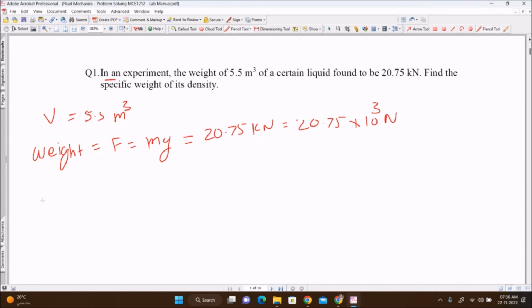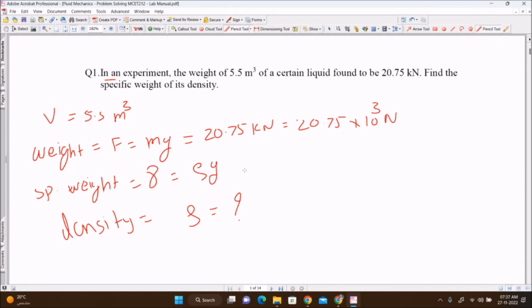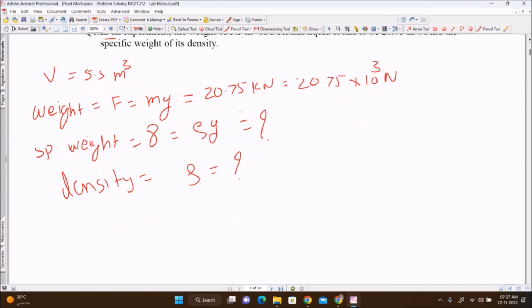Find the specific weight. The specific weight is asked, that is gamma, and gamma is nothing but rho g. We need the density of the fluid and the gravity. Density is rho, and density is defined as the ratio of mass by volume.